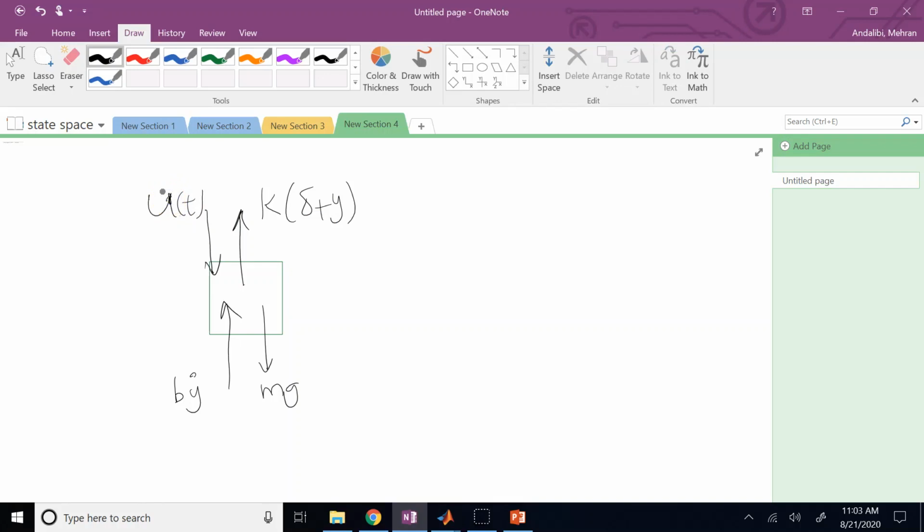As I said, for equilibrium you needed that k times delta to be equal to m times g, okay? Because when you are at equilibrium, the system does not move, so the damper does not apply any force. The damper applies a force only when you have velocity.